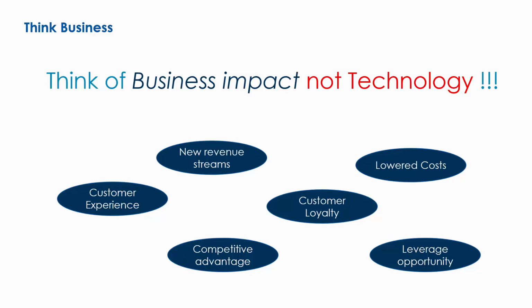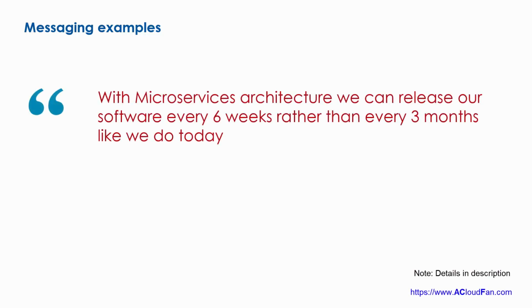Let me give you an example of technical versus business benefit. An architect focused on the technology side of microservices would describe the benefit like this. With microservices architecture, we can release our software every 6 weeks rather than every 3 months like we do today.